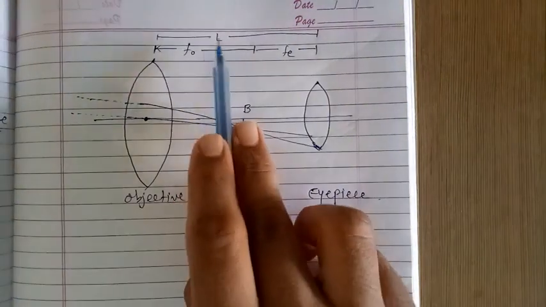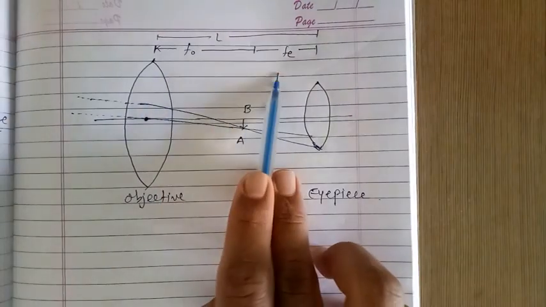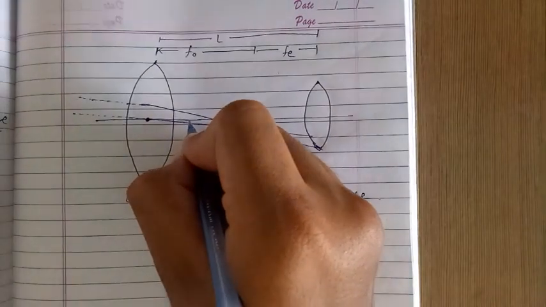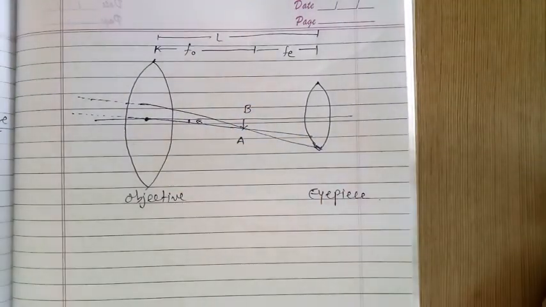So we can say L is equal to FO plus FE, right? This FO plus FE is the optical length of the telescope, or the length of the tube. Here suppose we assume the angle alpha.